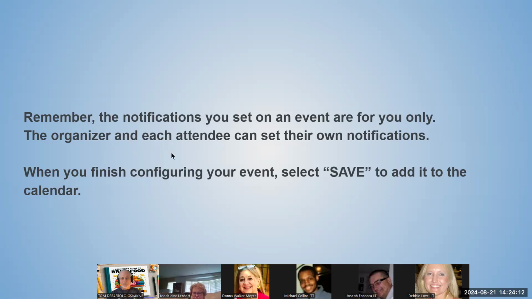Remember, the notifications you set on any event are for your purpose only. That's to remind you personally. The organizer and each attendee can set their own notifications. So what they do is up to them, but this is for your own purpose.